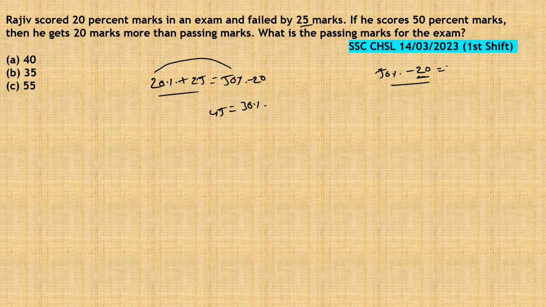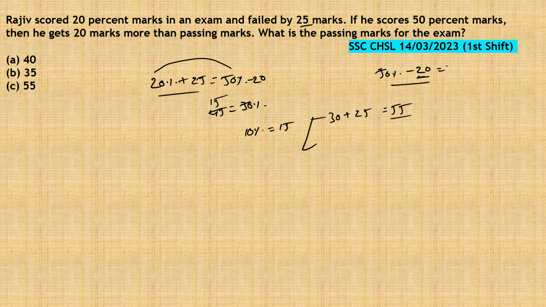We need to find the passing marks. 30% denotes 45, so 10% denotes 15. 3 ones are 3, 3 5s are 15. 10% is 15. We need to find 20% plus 25 or 50% minus 20. I'll show you both. 20% is 15 plus 15, which is 30, plus 25, which gives 55 as the answer.